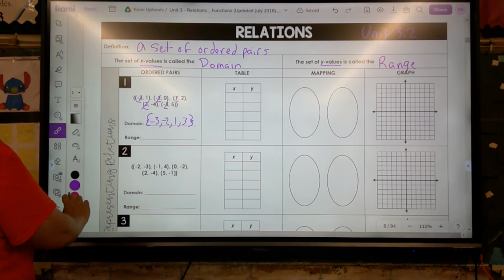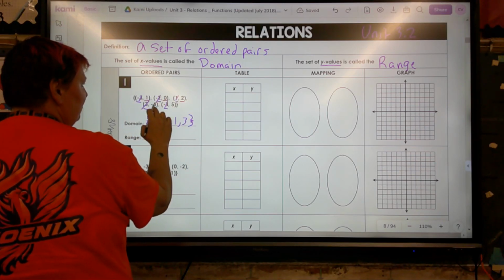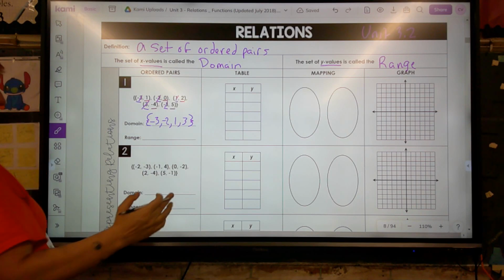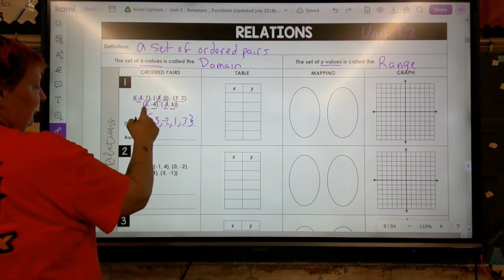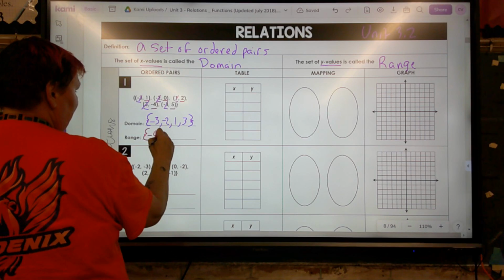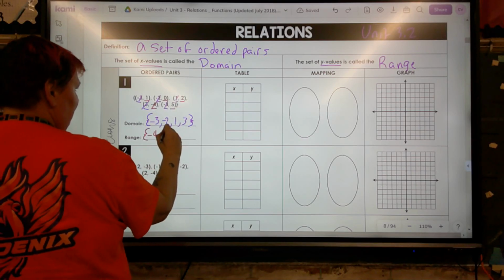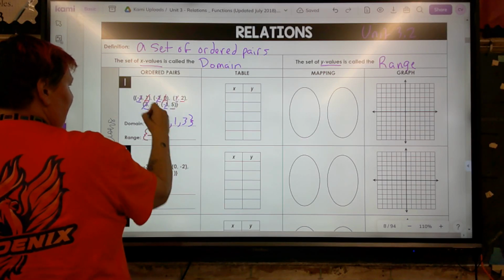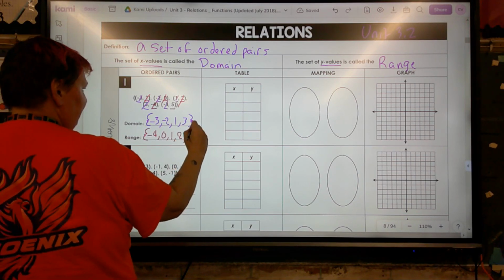And then it says range. Range are your y values. Again, underline your y values. They're the ones on the right. Do your little doohickey. Lowest to highest. Put them in order. -4, 0, 1, 2, 5.